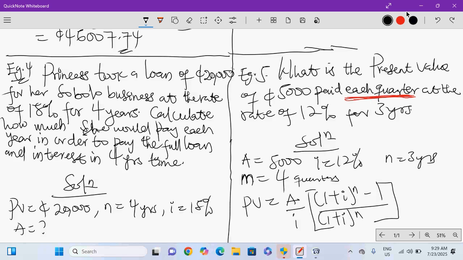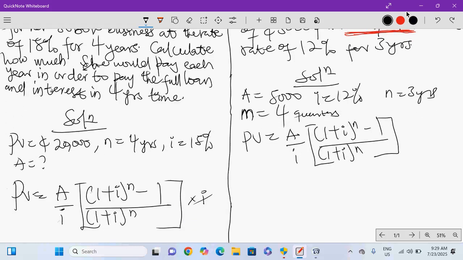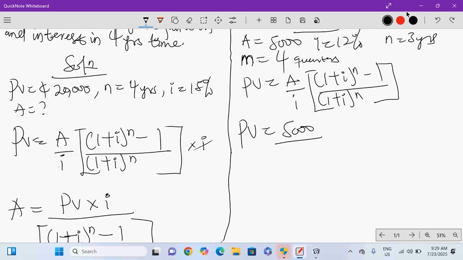Is it at the beginning or at the end? The question did not state. So what do we do? We assume it is at the end. Therefore, you are not going to bring the (1 + i). Now, what is the present value? 5,000 all over there. So for our work to be simple, I usually want to find the i divided by m.